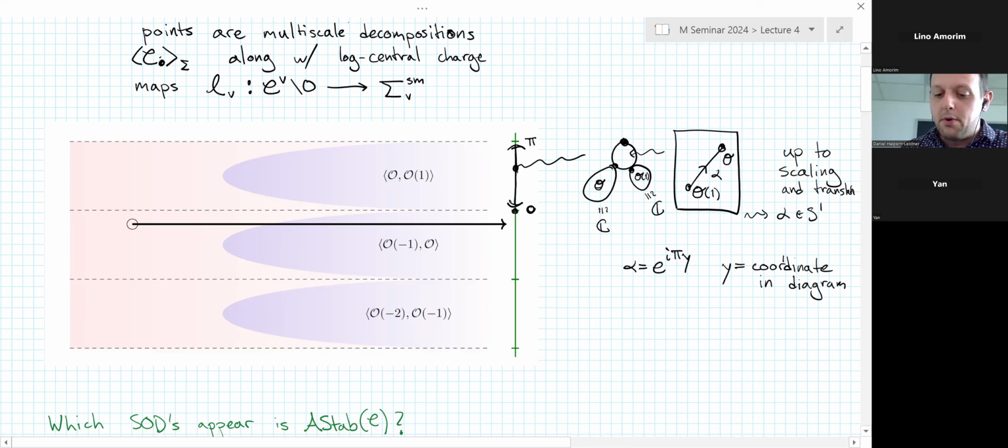Maybe I've drawn this kind of funny. Roughly speaking, this is the point where the imaginary part of alpha... I think actually this should be minus i pi y to be precise, the way I've drawn it.